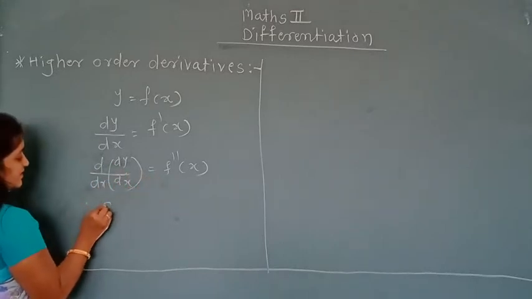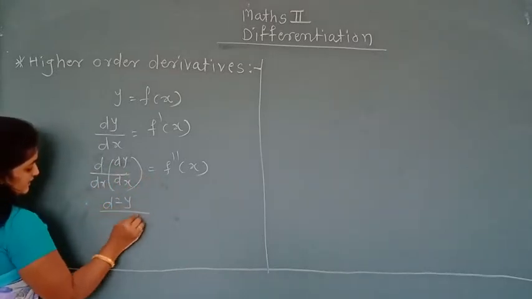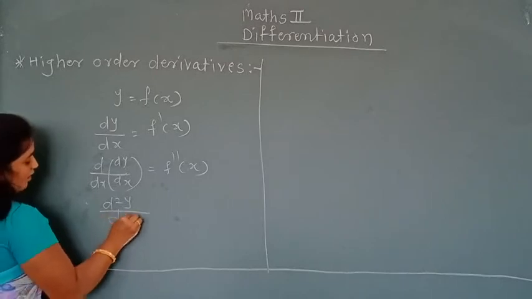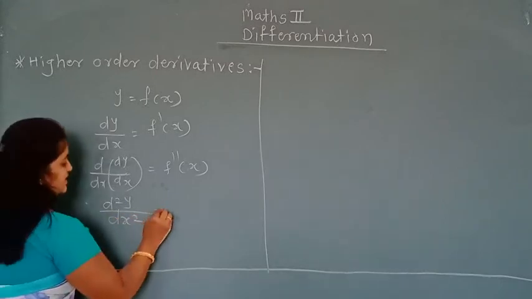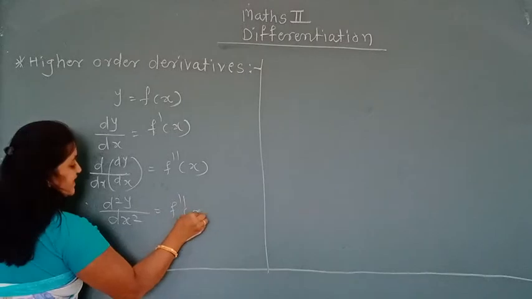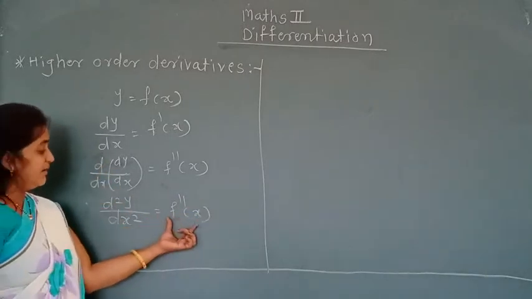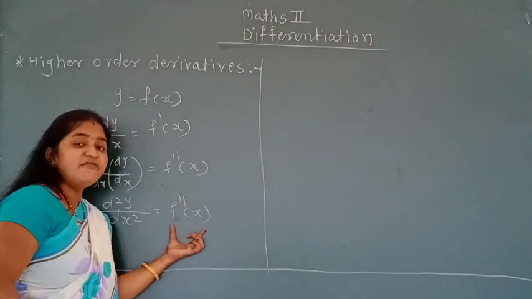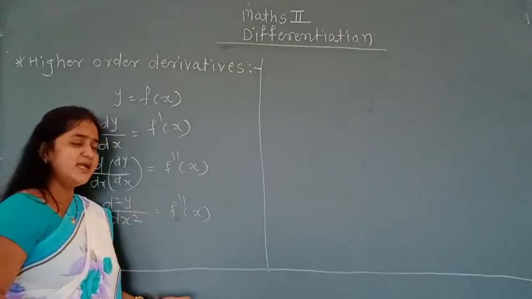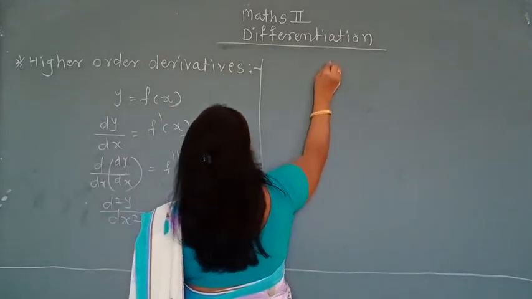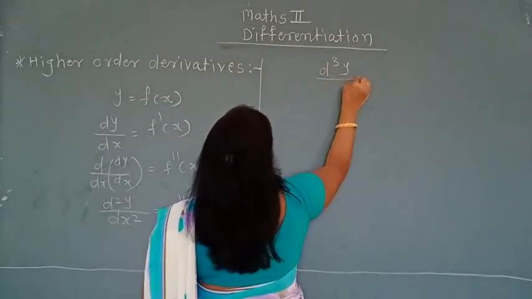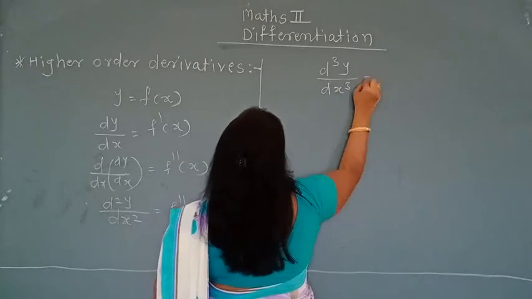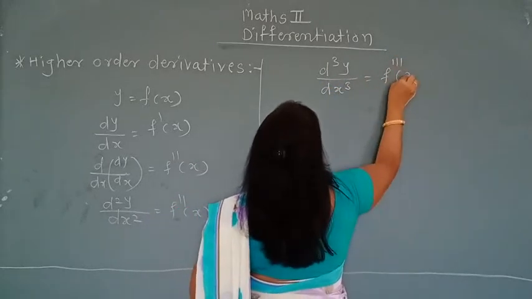How can I write this? d square y by dx square is equal to f double dash of x. Again, f double dash of x is a function of x, so again we differentiate and we get the third order derivative, f triple dash of x.